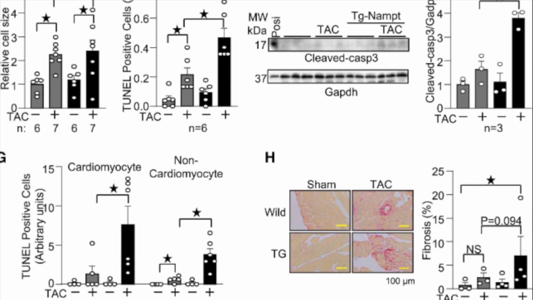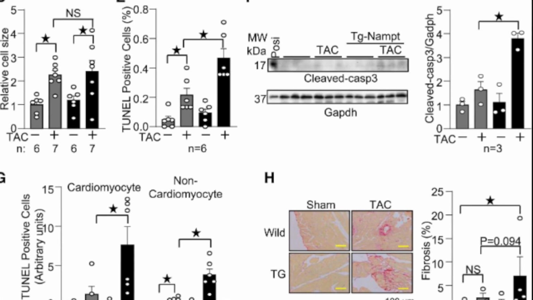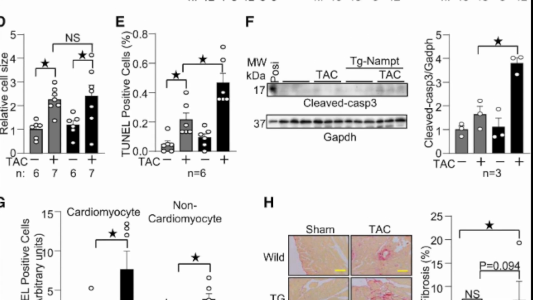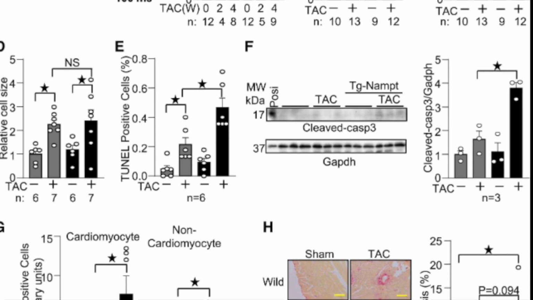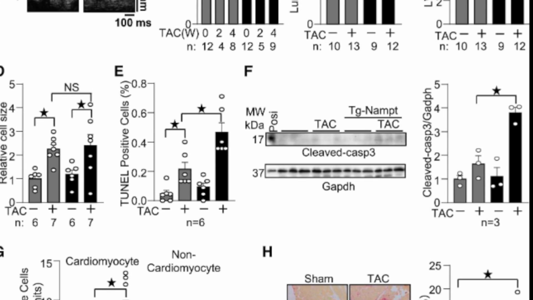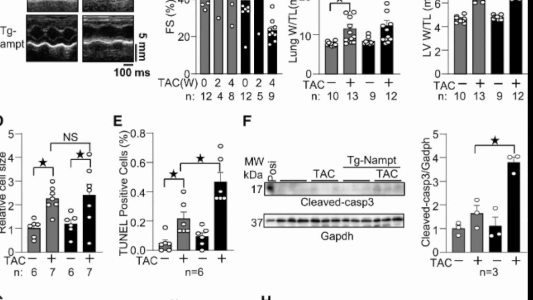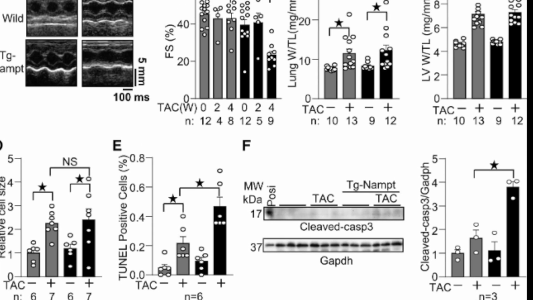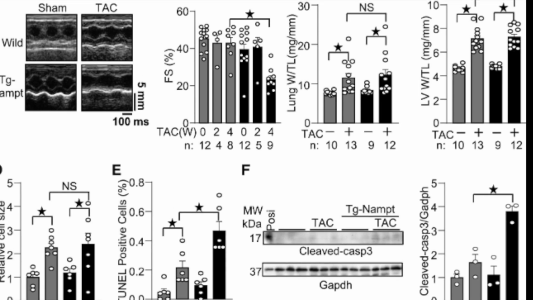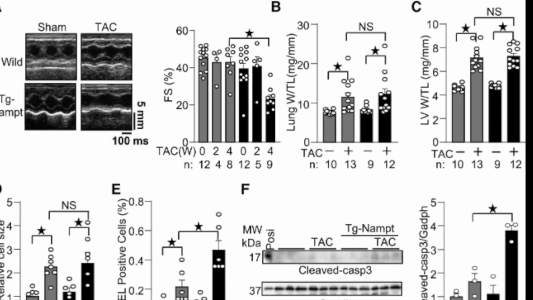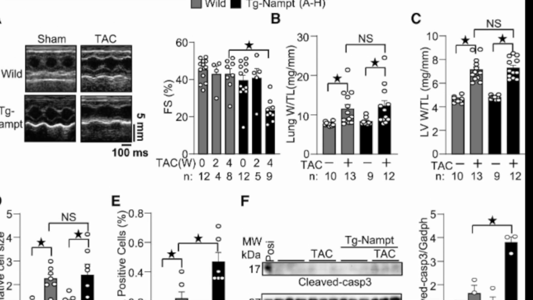The expression of SIRT1 was increased in transgenic NAMPT mice in association with reduced overall protein acetylation. Pressure overload-induced downregulation of metabolic genes was exacerbated in transgenic NAMPT mice. In cultured myocytes, NAMPT and SIRT1 cooperatively suppressed mitochondrial proteins and ATP production.